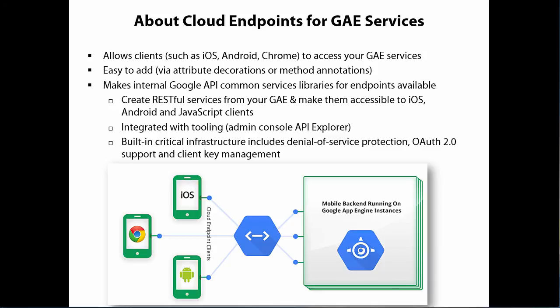And they have a lot of support for infrastructure that you need, like OAuth if you want it, and client key management. It's a big topic, but I thought it was another interesting thing to include here, because it's another capability in terms of building your service there, and then exposing it with these cloud endpoints for other consumers.